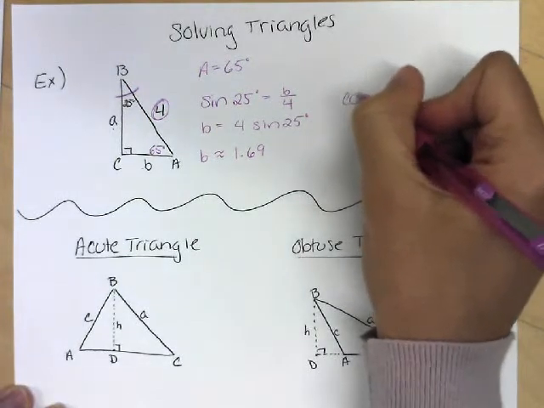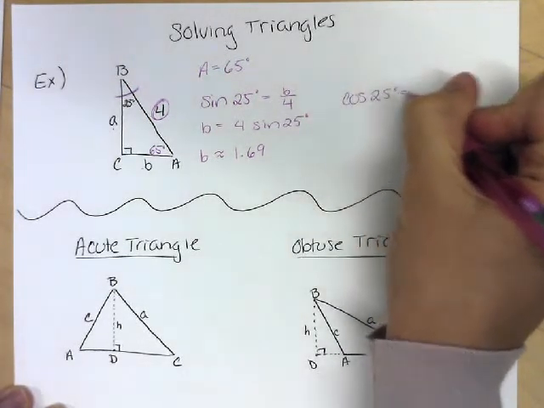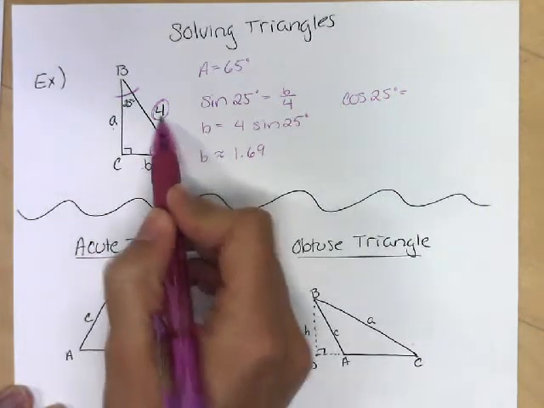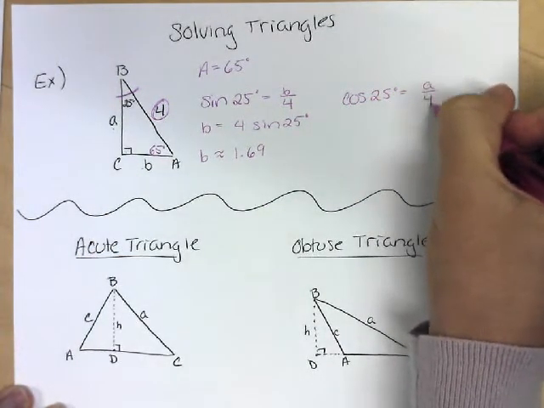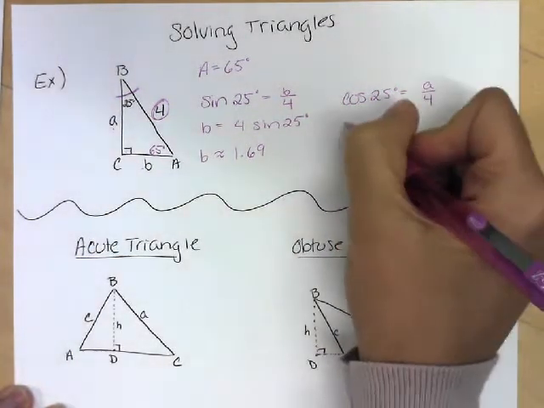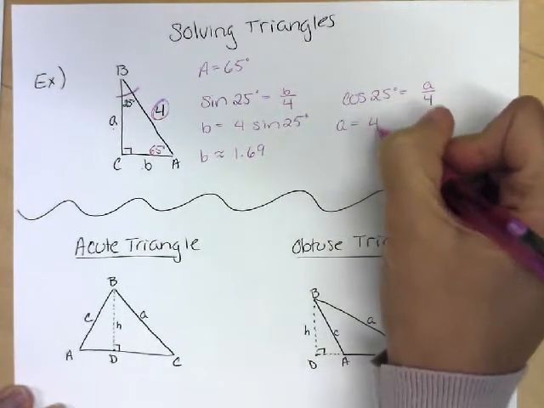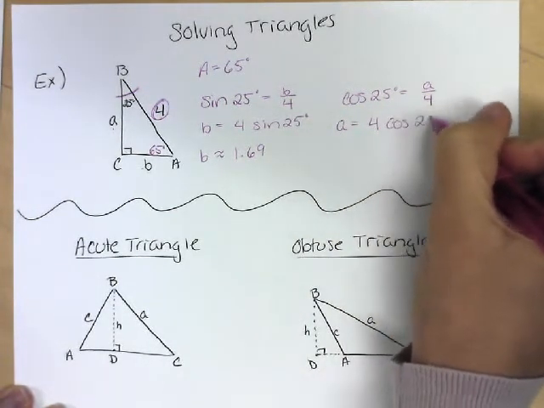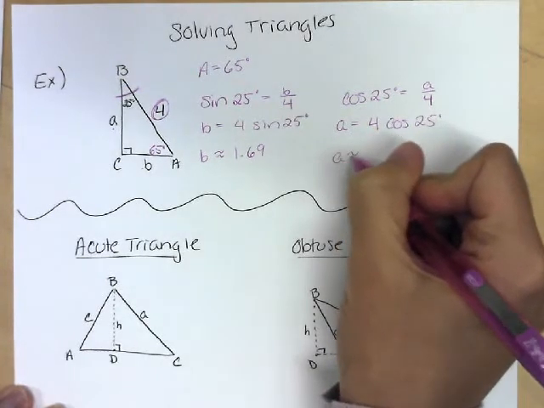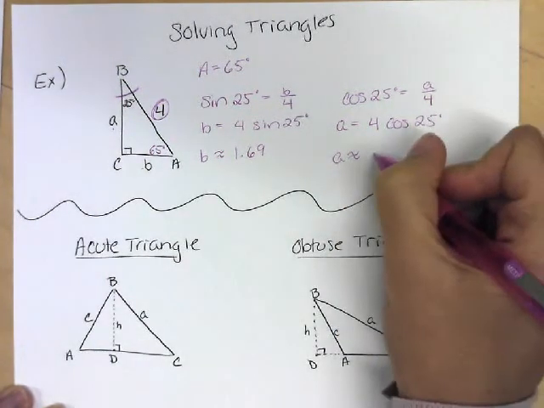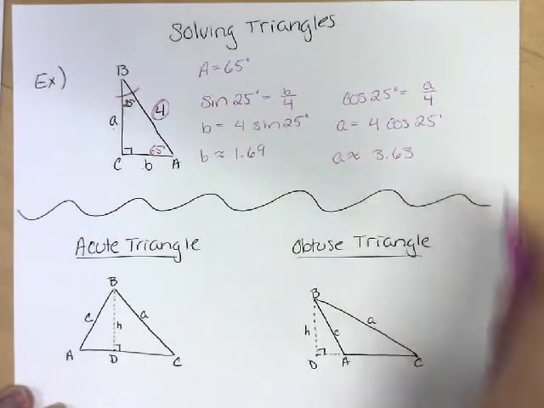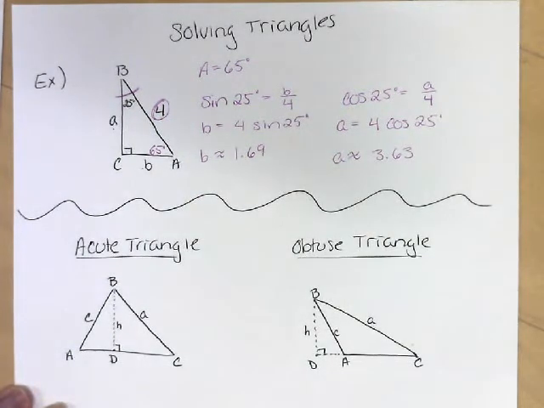SOHCAHTOA, that means cosine of 25 degrees equals adjacent over hypotenuse, or A over 4. So A equals 4 times cosine of 25 degrees, and A is approximately 3.63 units when we punch that into our calculator.